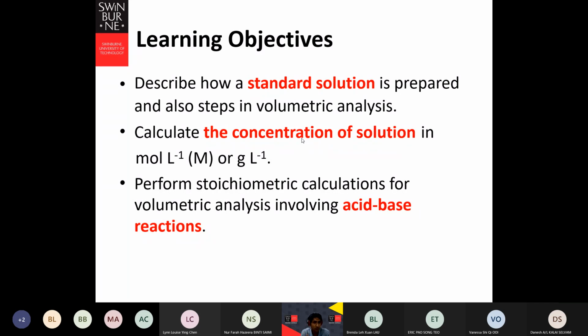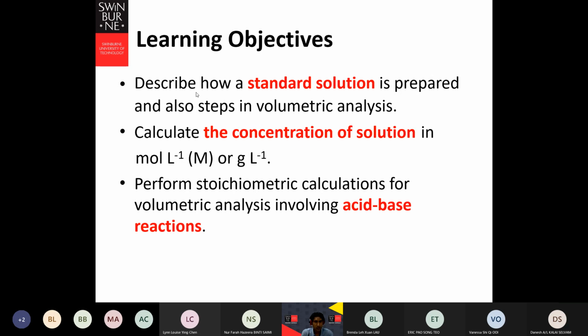We are very confident. We have prepared it ourselves, we know the exact calculation, and we can use it for any other chemical analysis with certainty, with very much assurance that this is the strength of the solution. So that is the standard solution.